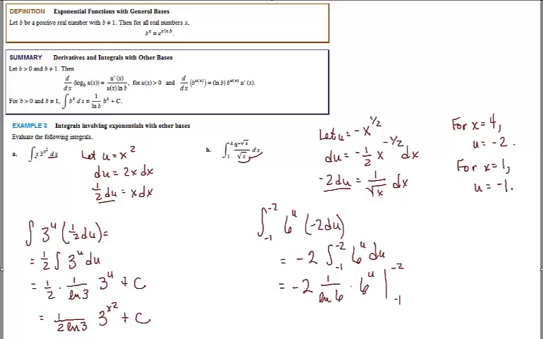So I'm going to be plugging those in and see what I get. Okay, plugging in those limits of integration, this would be 1 over 36, and this would be 1 over 6. Get a common denominator, squish those together, and when you work that out, you'll end up with that right there.